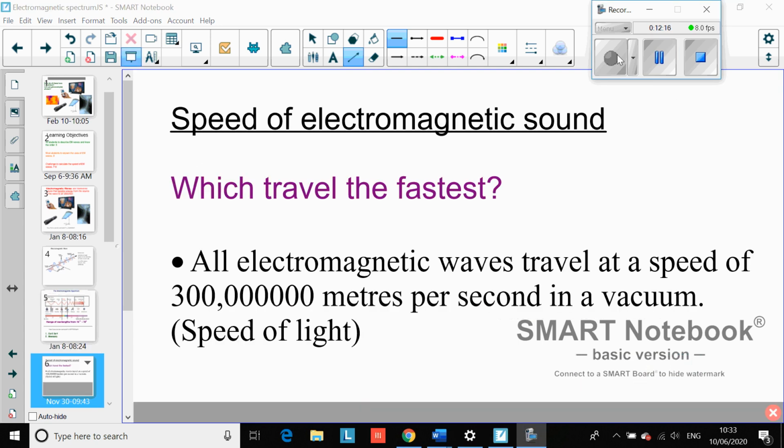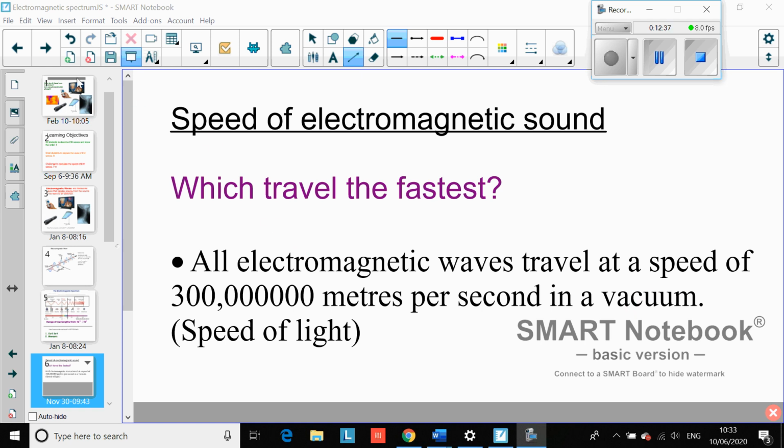Right, welcome back. One of the things you also need to do is identify what the speed of light is, because all electromagnetic waves travel at this speed, the speed of light, 300 million meters per second in a vacuum.